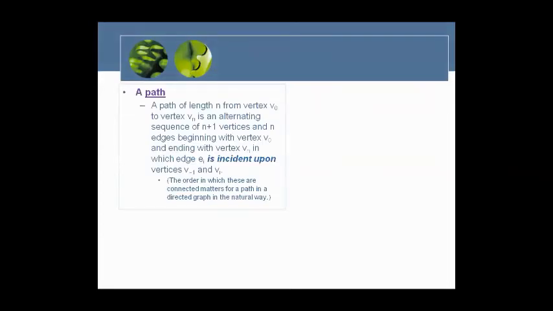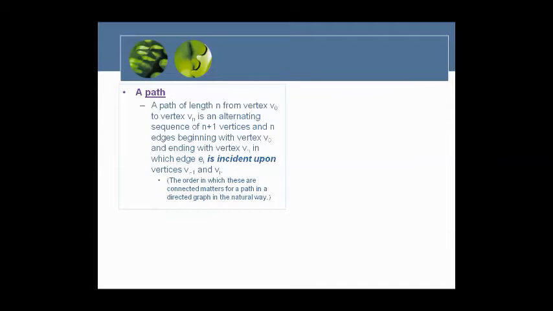Okay, a path of length n from vertex V0 to vertex Vn is an alternating sequence of n plus 1 vertices and n edges, beginning with vertex V0 and ending with vertex Vn, in which edge i is incident upon vertices Vi-1 and Vi.